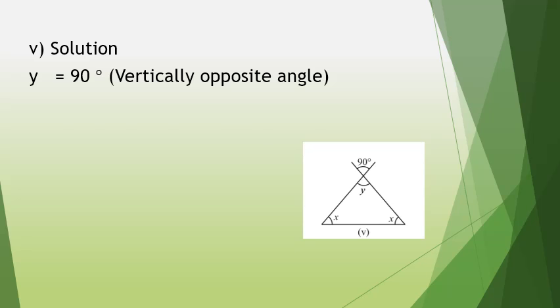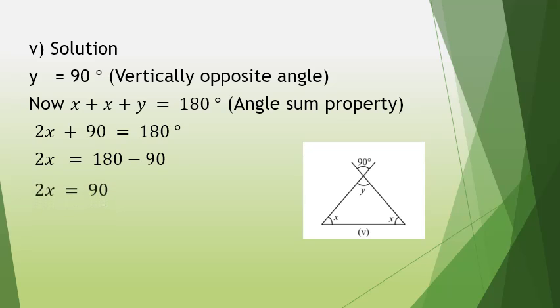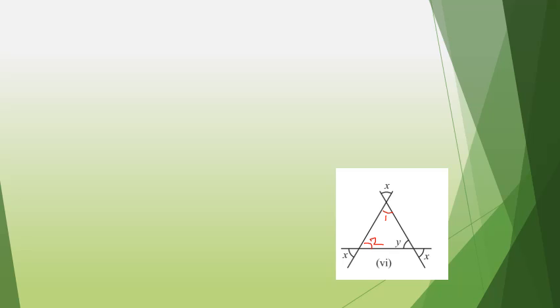Hence by angle sum property of triangle, we can write x plus x plus y equal to 180 degree, that is 2x plus 90 equal to 180, or 2x equal to 180 minus 90, that is 2x equal to 90, or x equal to 90 upon 2 equal to 45 degree. The x equal to 45 and y equal to 110.